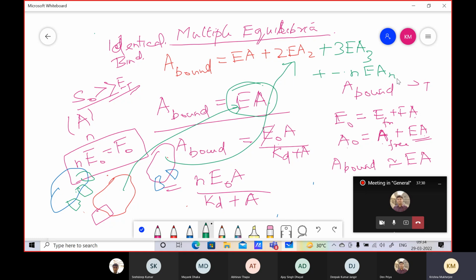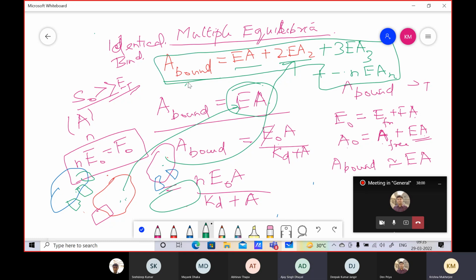So EAN is carrying N molecules. So the bound A is distributed between enzymes, and this enzyme itself is in different forms. Some enzymes are completely free, some enzymes are carrying 1, some carrying 2, some carrying 3, some carrying 4, and so on and so forth. So the bound A is given by this expression here. Is this clear?